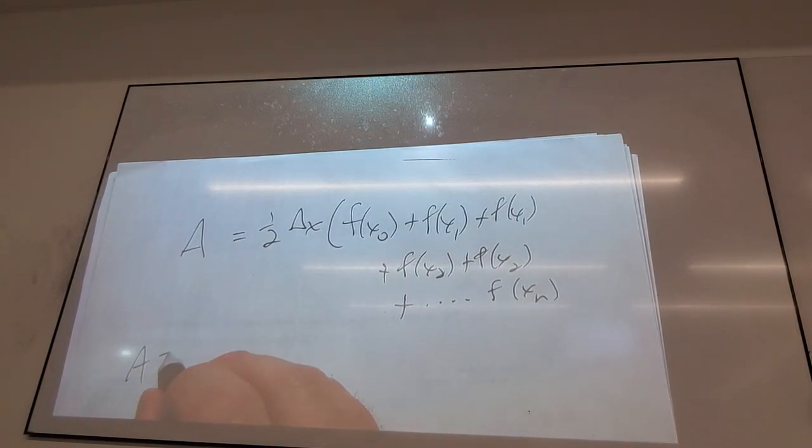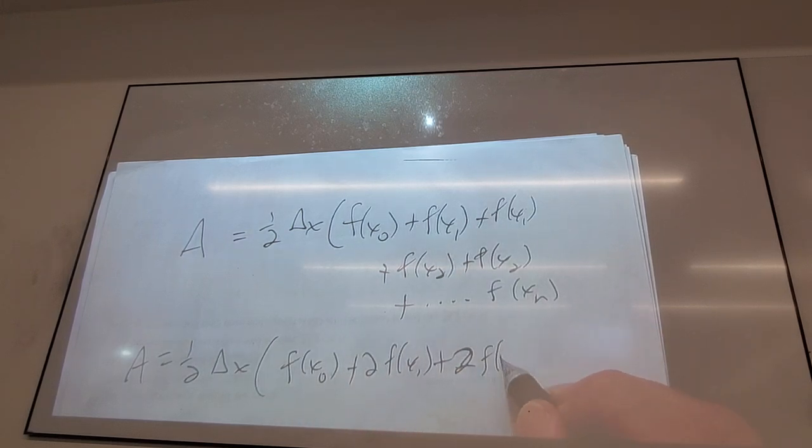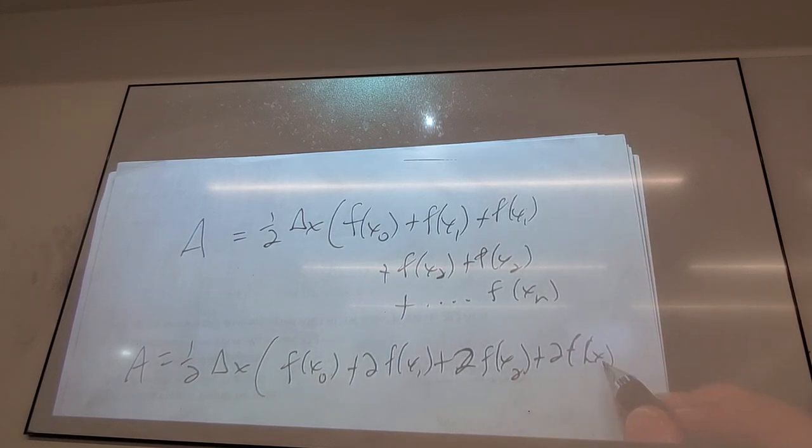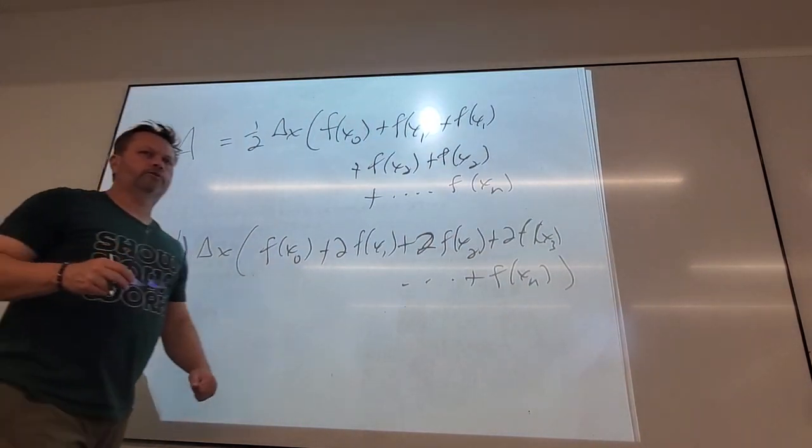So eventually it's going to become 1/2 delta x times f of x0 plus 2 f of x1 plus, not 3, Jeff, 2 f of x2 plus 2 f of x3, and so on, plus 1 poor little f of xn. That's the formula for the trapezoidal rule.